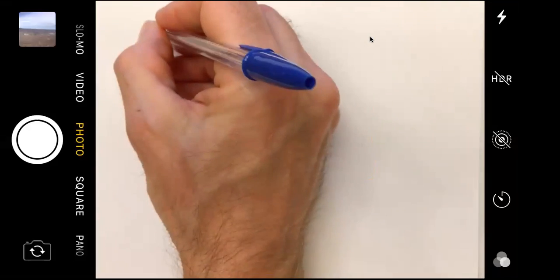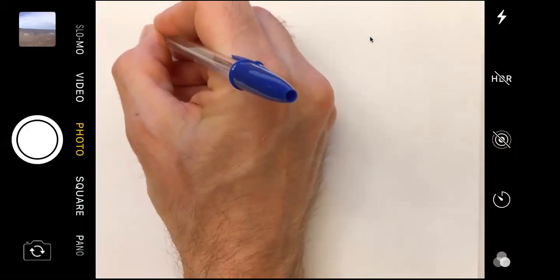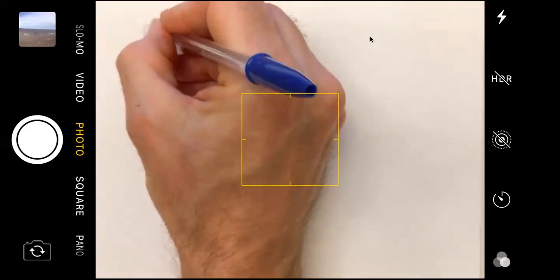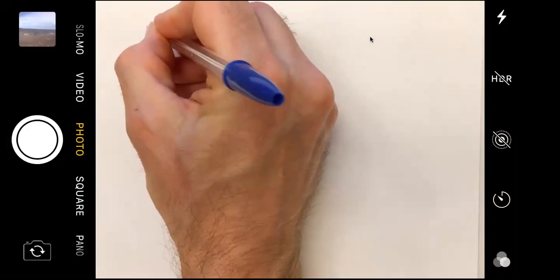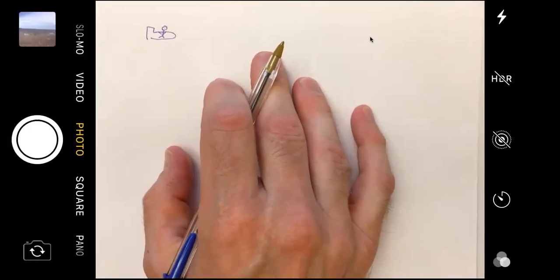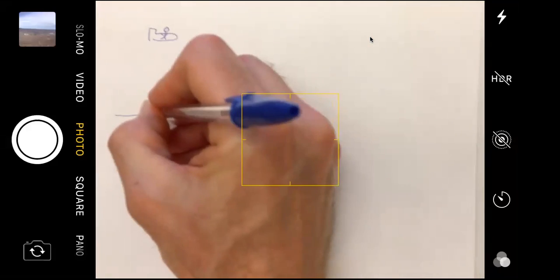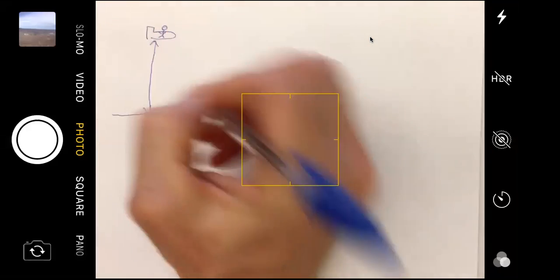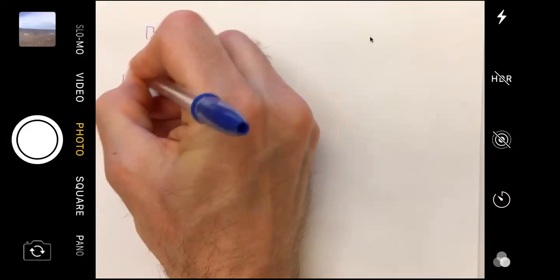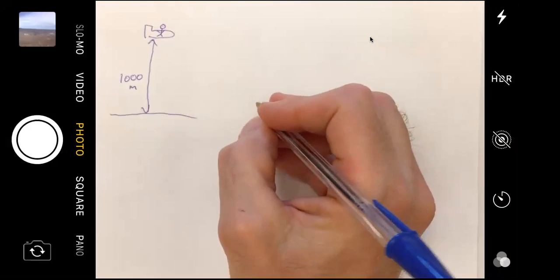Let's imagine that we are in an airplane and we are a parachutist. This is clearly not drawn to scale because the person is too big for the airplane. We are going to assume that we are at a height of 1,000 meters.